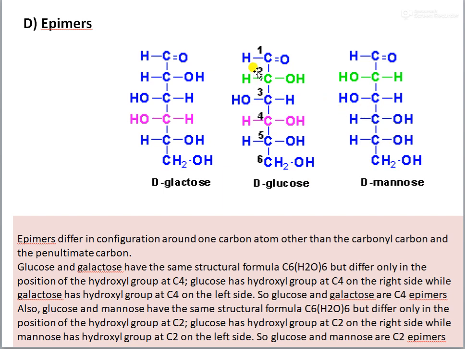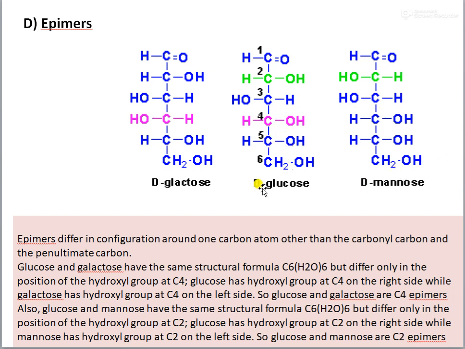You can see that they are the same at the C1 carbon atom, but at the C2 carbon atom, the asymmetric carbon atom, you can see that they are different. They have different orientations. At C3, they have the same. At C4, they have the same orientation. C5, they have the same orientation.